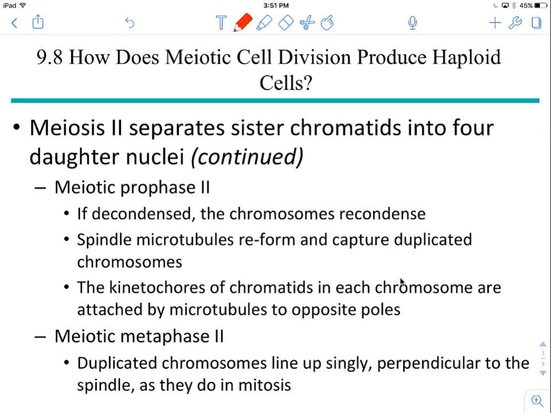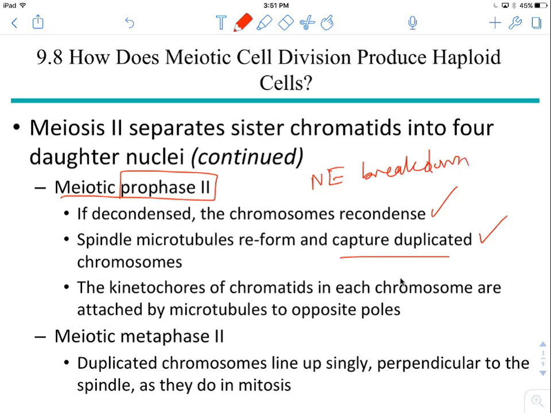Okay. So meiotic prophase 2, again, normal prophase stuff. Chromosomes condense, spindle microtubules form and attach to our duplicated chromosomes. Nuclear envelope breaks down, if it formed; it may not have reformed.